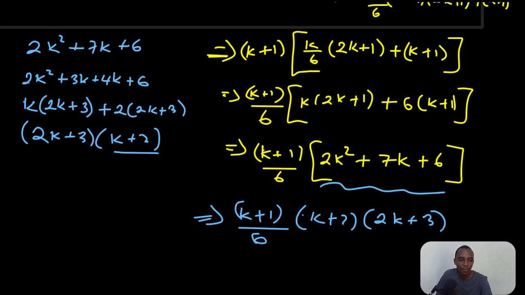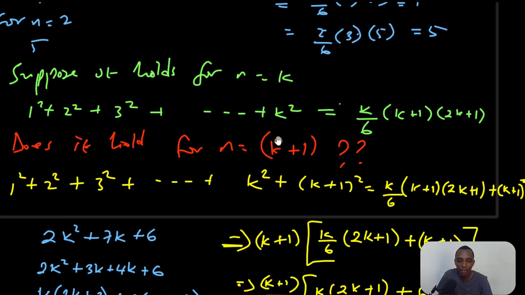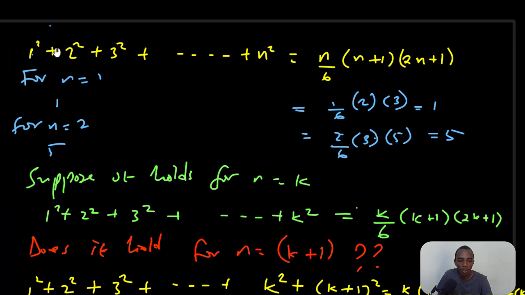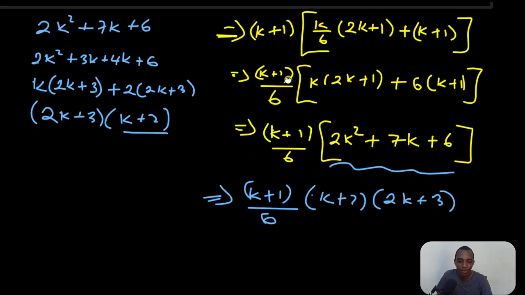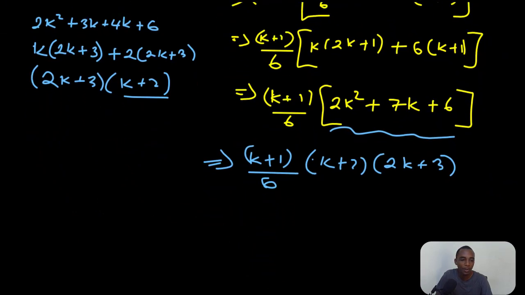Now let's see if this is comparable with what we started with. Don't forget we started with this formula here: 1 squared plus 2 squared all the way to n squared should be equal to n over 6 into n plus 1 into 2n plus 1. So there we are, n over 6 into n plus 1 into 2n plus 1.